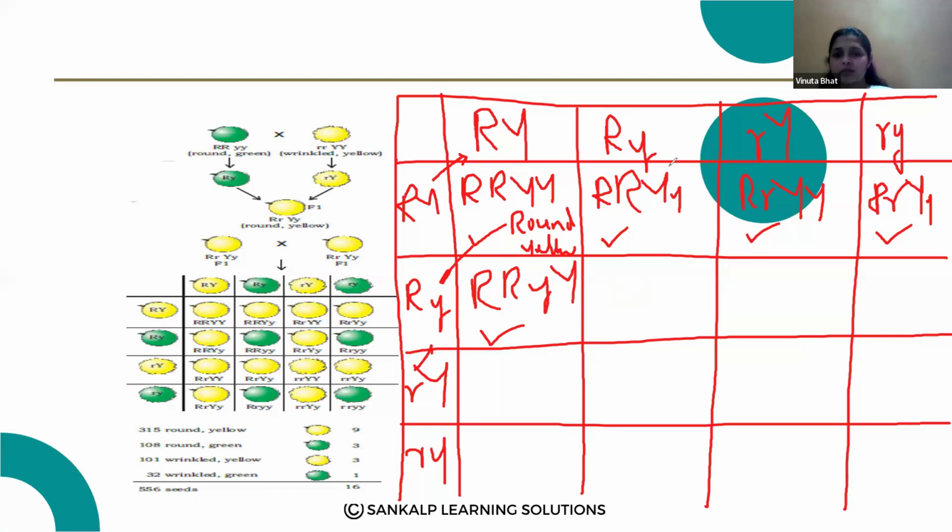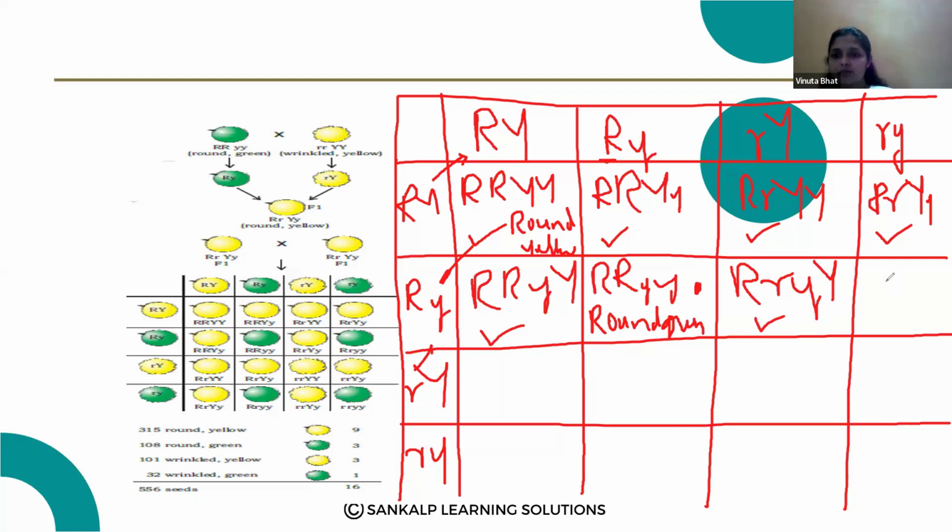See the next one, this one multiplies with the second one, capital R, small y, that is round green seeds. Okay. Then next one, capital R, small y, capital Y. This is also round yellow seeds.